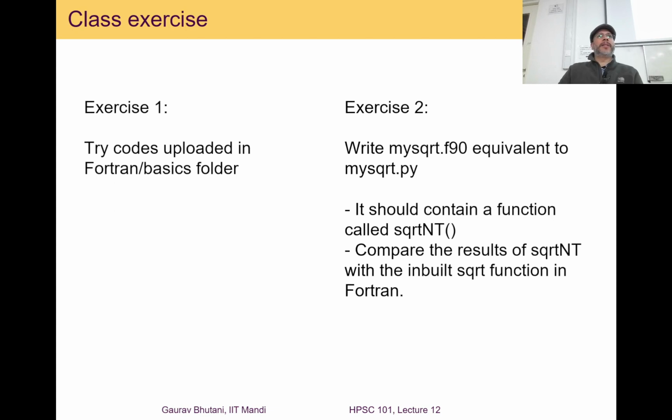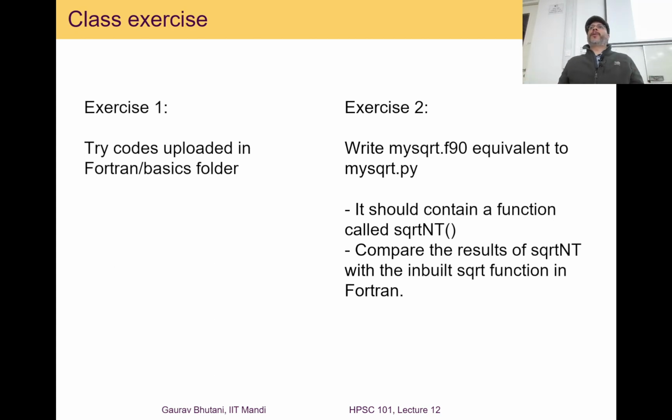You can hard code a variable equal to 2.0, let's say, and then it should print the value of the square root of that variable using Newton's method, and also compare that with the sqrt function that is available by default in Fortran. Do try it out yourself. I'm sure it's easy to find solutions for it, but this is not a graded homework.